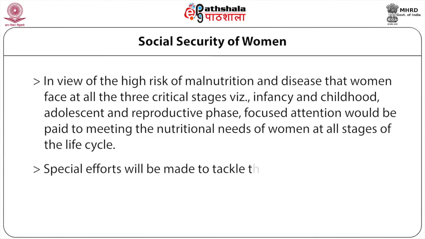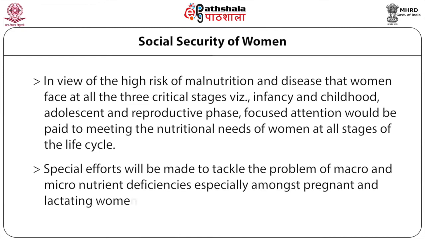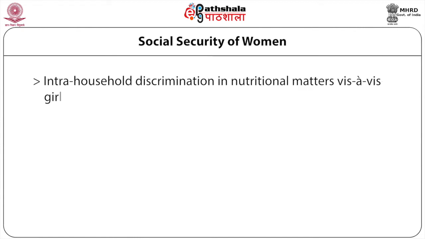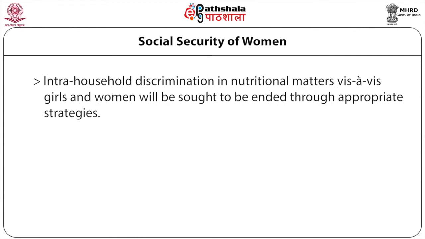Special efforts are to be made for the problem of macro and micronutrients: macronutrients like wheat, rice, bajra and jowar, while the micronutrients come from vegetables and fruits, among pregnant and lactating mothers so that they can combat diseases. Intra-household discrimination in nutritional matters vis-a-vis girls and women has to be ended through appropriate strategies. That is also what the policy recommends.